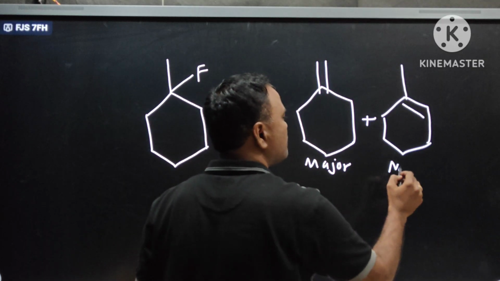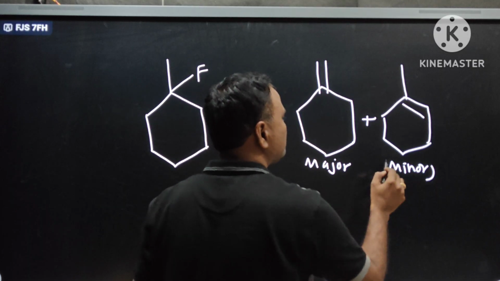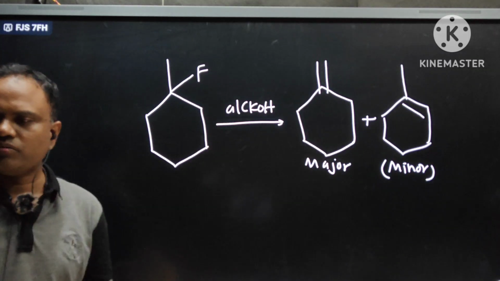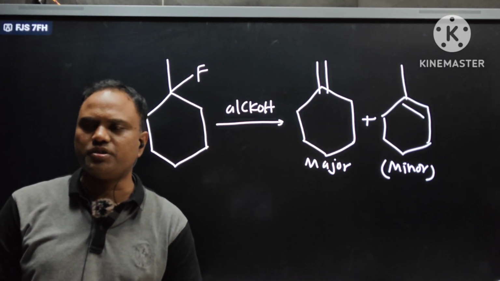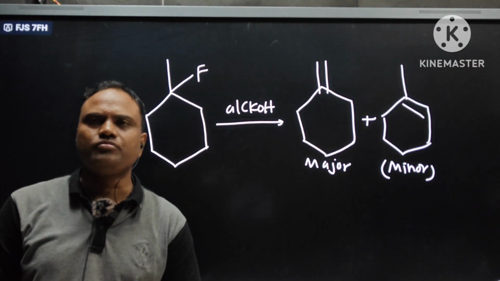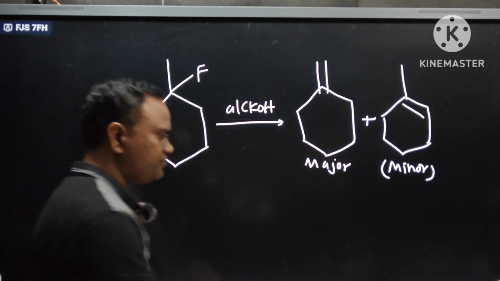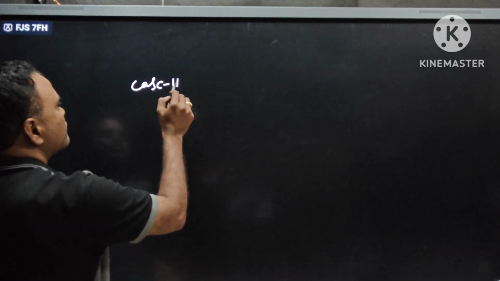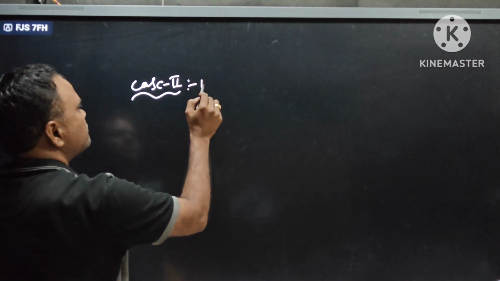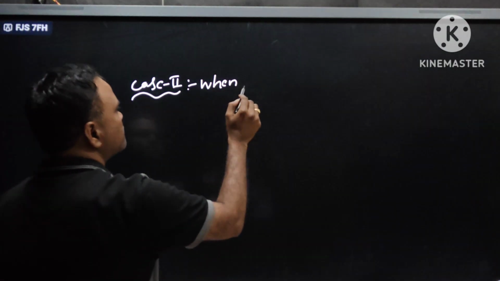This will be the minor product. Right? What is the first case? When a poor leaving group is present. Case 2: when a bulky base is present. I already gave it. Let us discuss an example.